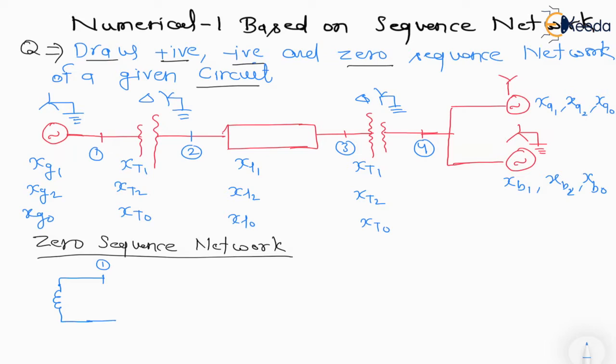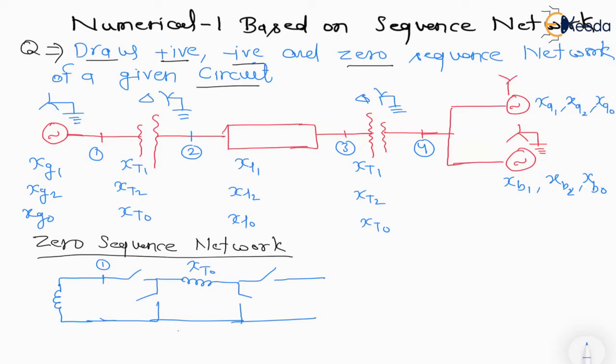Now for the transformer, it is a delta star connection. So I am representing the whole switch here as we have mentioned. This will be xt0, and here the series switch will look like this.